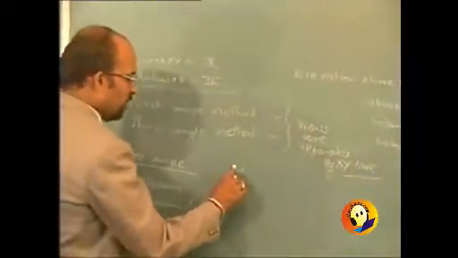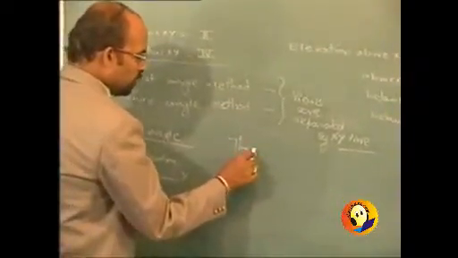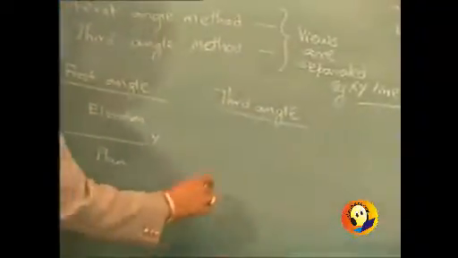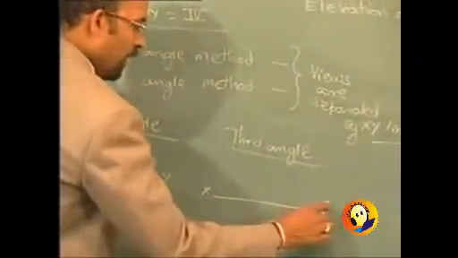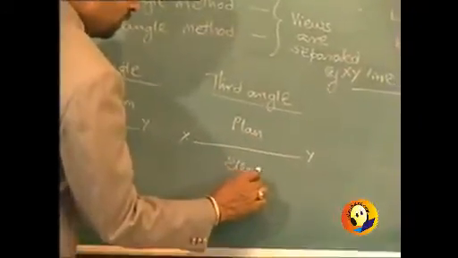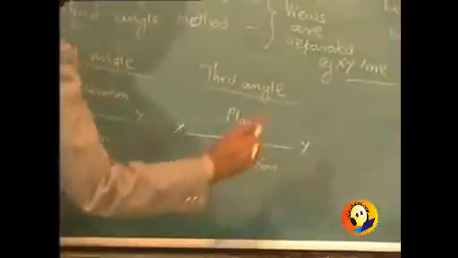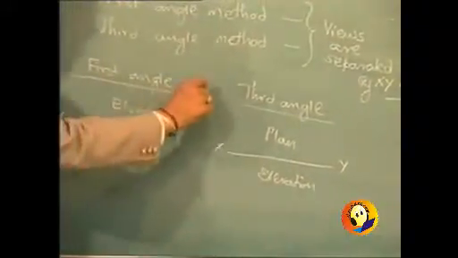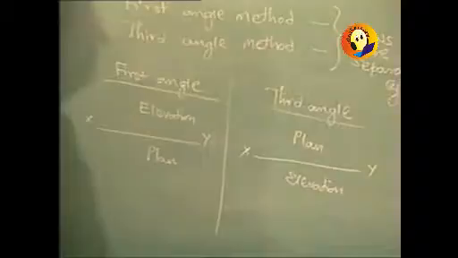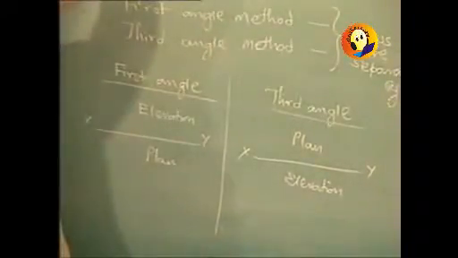Whereas in the third angle method of projection, we will have plan above XY line and elevation below XY line. Of course, the conventions which are used are quite different.